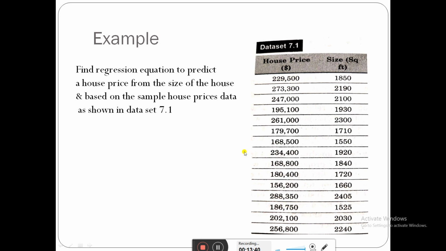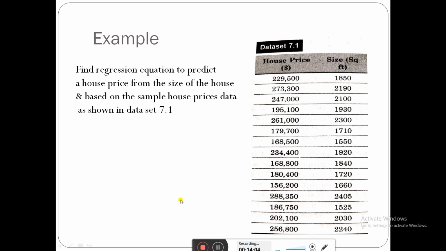To do this, first we have to establish the relationship between the house price and the size. We are going to do that with R. First we have to find out the correlation coefficient, and based on that the relationship is going to be established. What is the correlation?